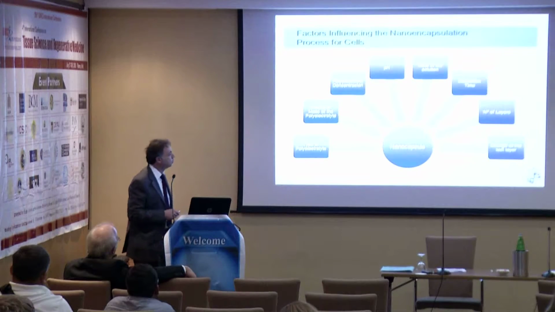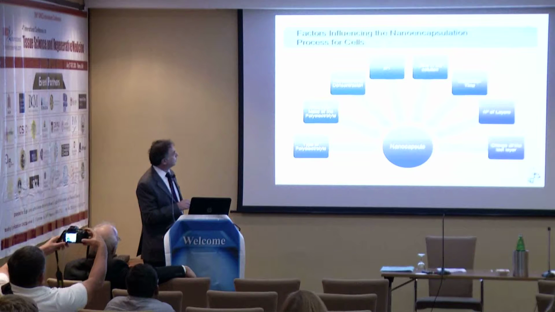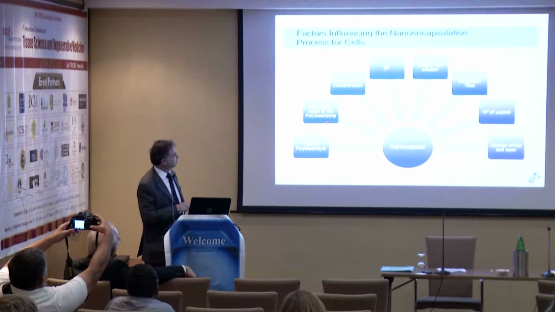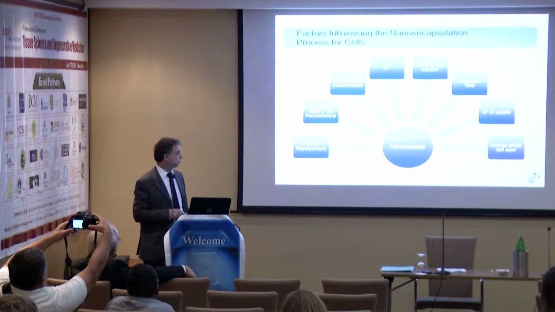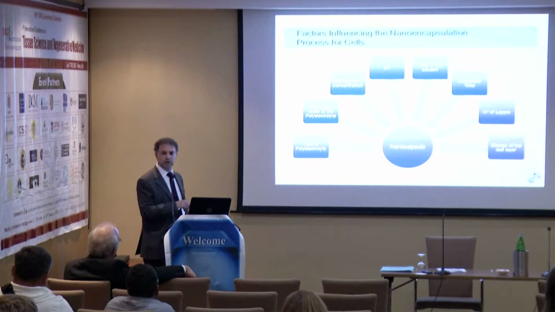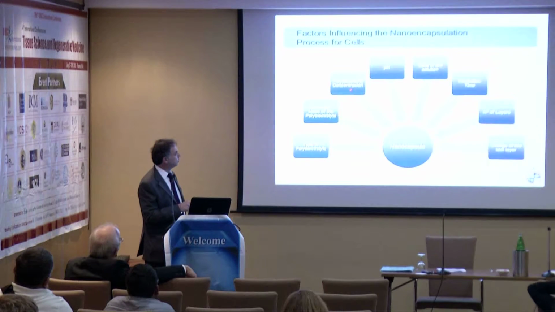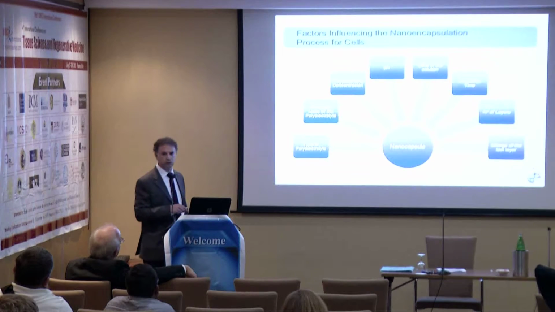Now, how is nanoencapsulation done? First of all, the nanoencapsulation process for cells depends on many factors. For example, the type of polymer, or in this case the polyelectrolyte, that will be used, the molecular mass of this polyelectrolyte, the concentration, the pH, the salt concentration in the solution that you will use, and the incubation time.